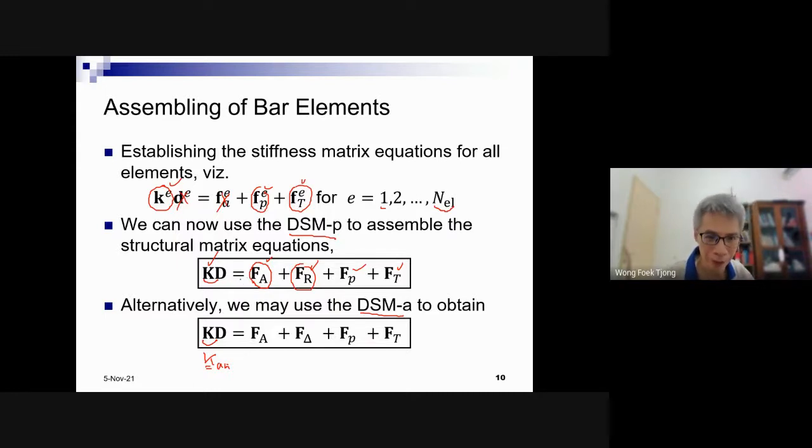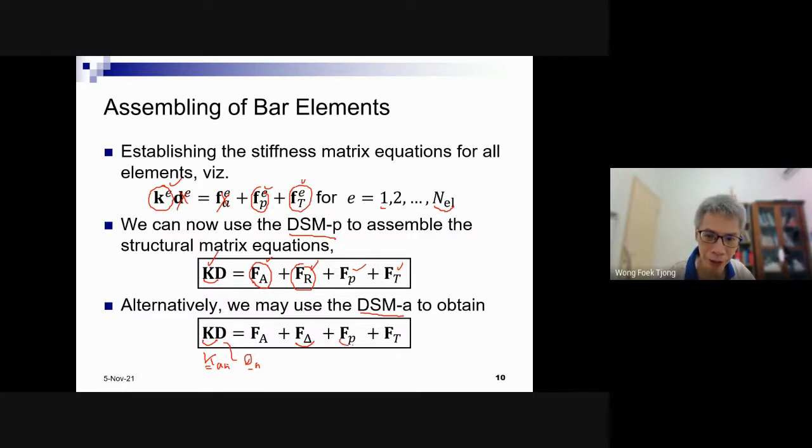You know already. But in the DSMA, we don't need to separate because this is already DA, right? Active, and then this is the applied nodal force. If there is some prescribed displacement, it means the support moves. We should compute also the equivalent nodal force due to the support motion, or the support displacement.